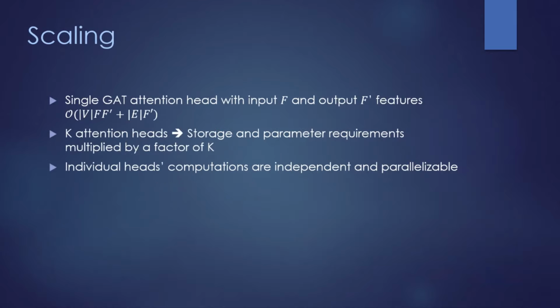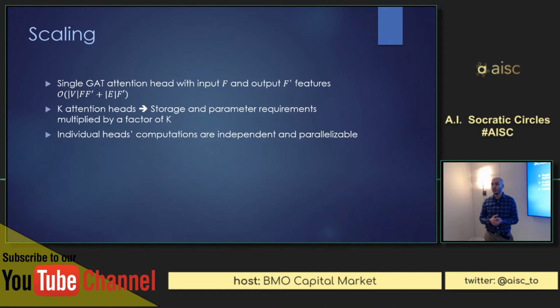So before we take a break, I want to just comment about the scaling of this graph attention network. A single GAT attention head with input of dimension f and output f prime would scale with the number of vertices times f prime, and scale with the number of edges times f prime.